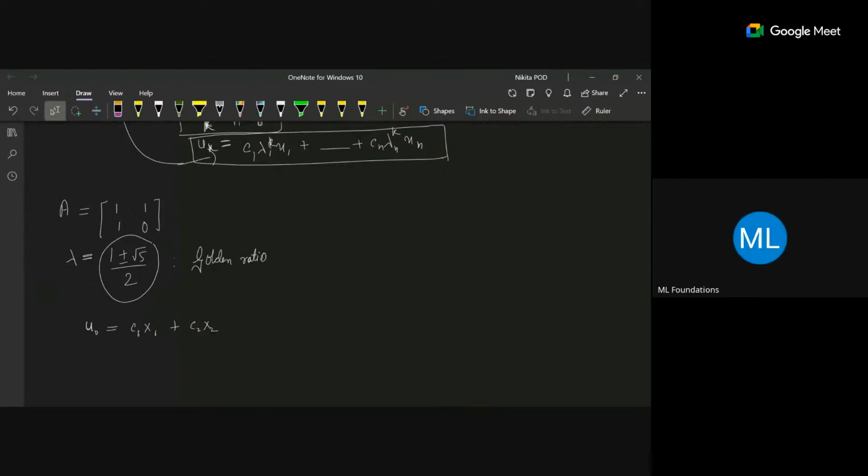So what you can do? These are the eigenvalues, right? Just also go ahead and find the eigenvectors.